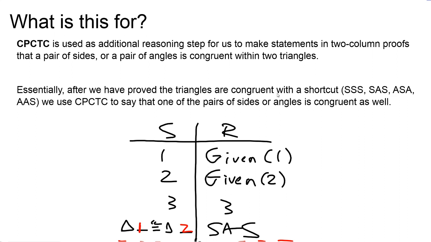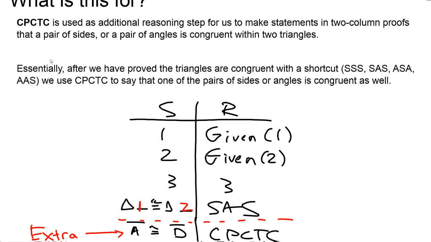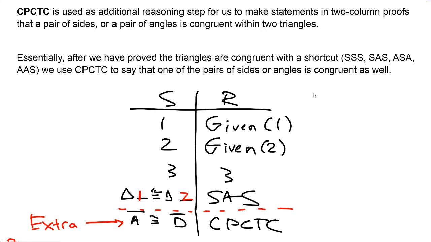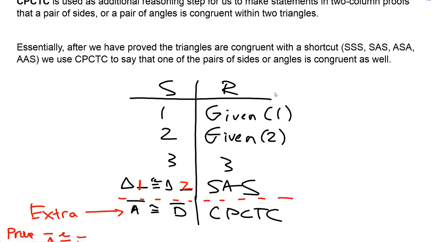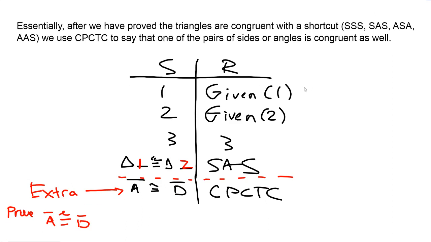So what is it for? CPCTC is used as an additional reasoning step for us to make statements in two-column proofs that a pair of sides or a pair of angles is congruent within two triangles. So once we have proven that the two triangles are congruent with one of our shortcuts, SSS, SAS, ASA, or AAS, we can use CPCTC to say that one of the pairs of sides or angles is also congruent.